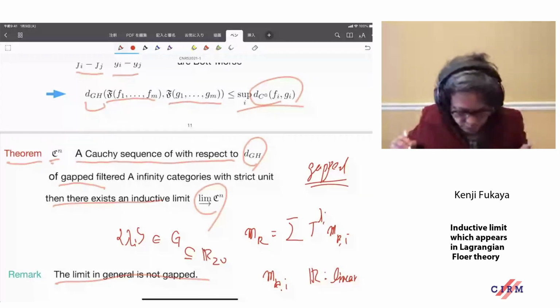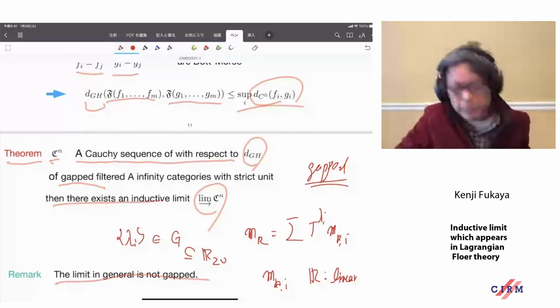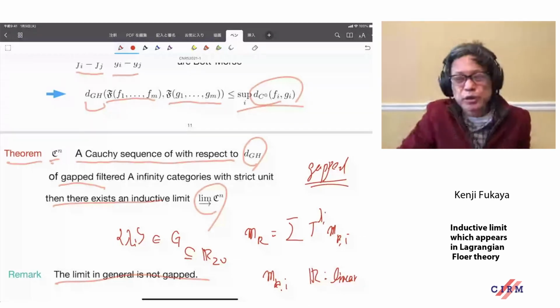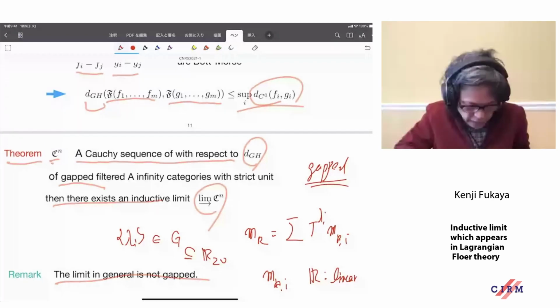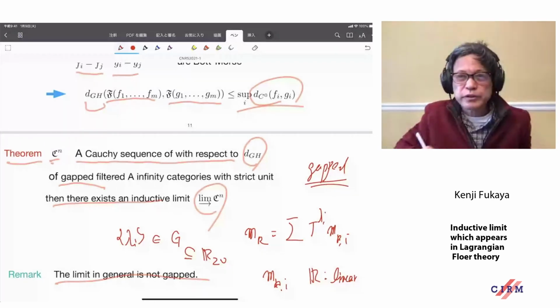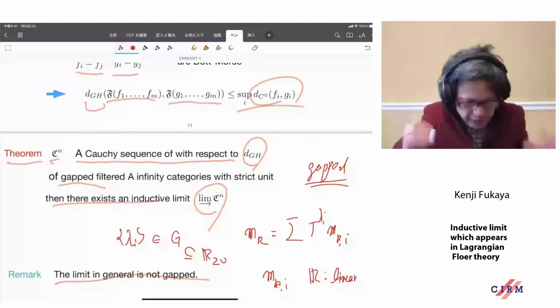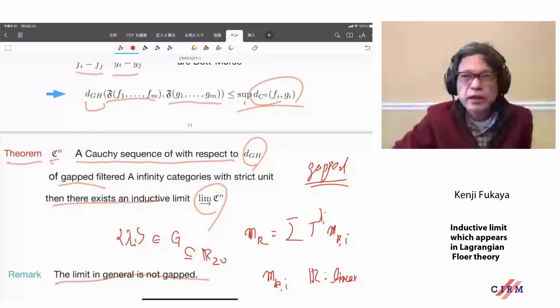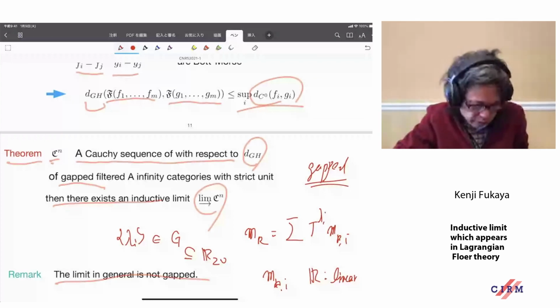So this is called the gapped condition. This lambda i is basically the set of holomorphic disks. In the case of Lagrangian submanifolds, this lambda i is the symplectic area of the holomorphic disks. And that is a discrete set because of the Gromov compactness. So that is the gapped condition.